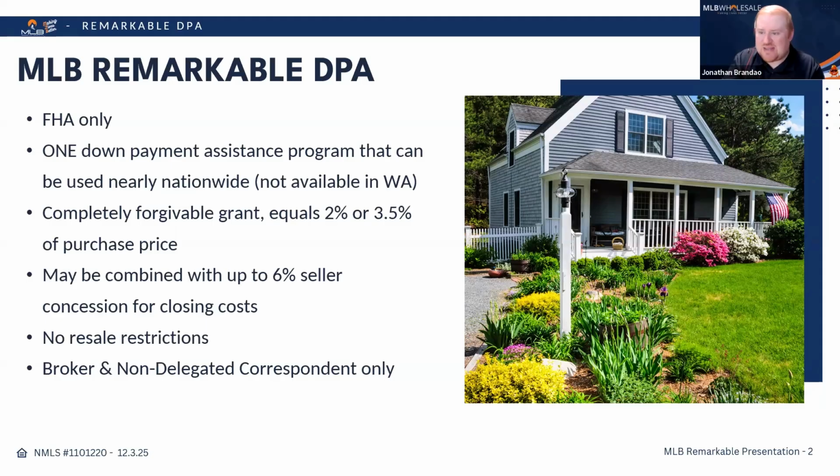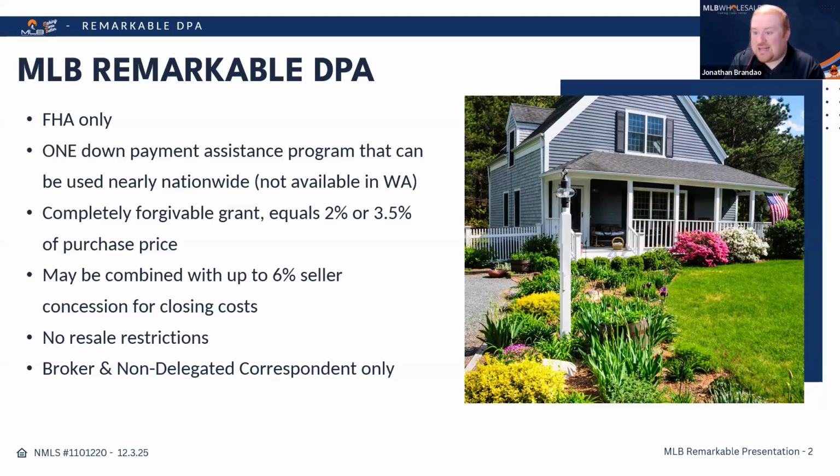And the great thing about this, as I mentioned, already FHA, but it's a completely forgivable grant from day one. And they have the option of choosing between a 2% grant or a 3.5% grant. FHA requires 3.5% down, so if they go with the 3.5, there you go, it covers the entire down payment requirement on an FHA purchase.